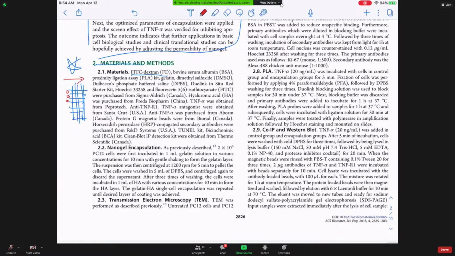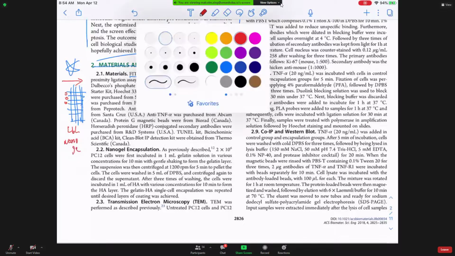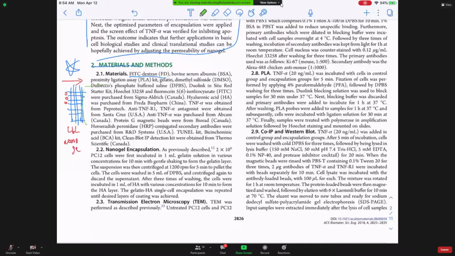This is an LBL nanogel. Then this area is a cell. That is the purpose. And we have different sizes of dextran FD.